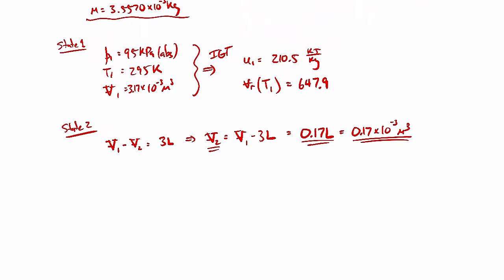The next thing is we'll make use of the relative volume ratio. So let me write this down and then I'll explain it. Okay, so this is the relative volume. We can use relative volumes when you're dealing with an ideal gas and an isentropic process.